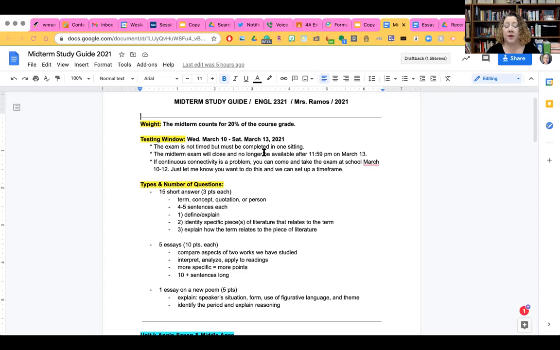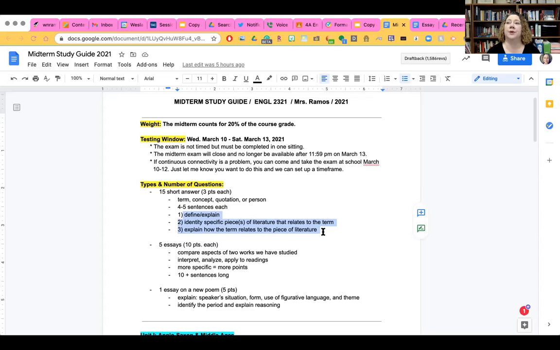What you'll be presented with on those questions, there are 15 of them, is a term, a concept, a quotation, or a person. And you'll have to do 3 things. First, define and explain. Then identify a piece of literature that relates to that term or that item. And then explain how it relates to that piece of literature.